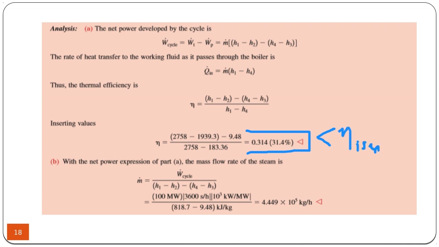And the mass flow rate is found to be higher than the isentropic one, because in order to obtain the same 100 megawatt power, we have to use more energy because of overcoming the irreversibilities. So this is greater than the isentropic one.